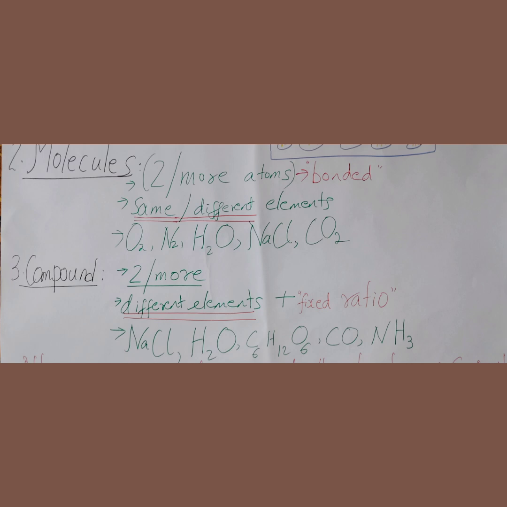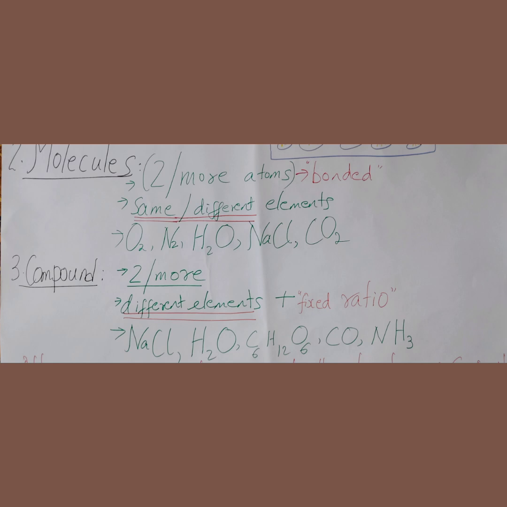The important distinction is that a compound is a type of molecule. Compound is a type of molecule where different elements combine together in a fixed ratio. So you see the difference: molecules might be of the same elements or different elements, and the ratio might or might not be fixed.